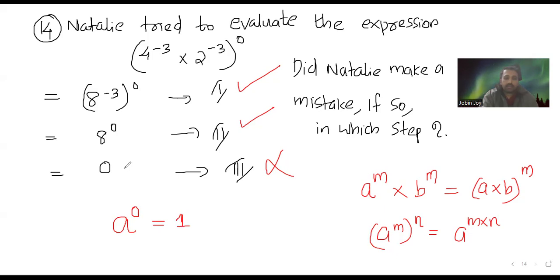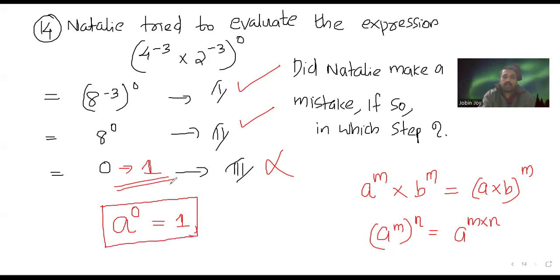Okay, so this is not 0. This answer is 1. So the mistake is in step number 3. Okay, so any number raised to 0 equal to 1. All the other two steps, step number 1 and step number 2, are correct, whereas step number 3 is wrong. Nadali made a mistake in step number 3.